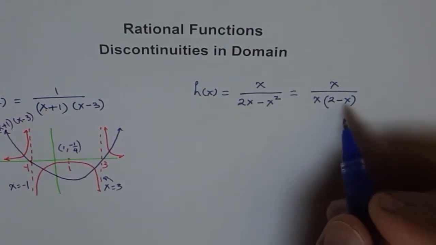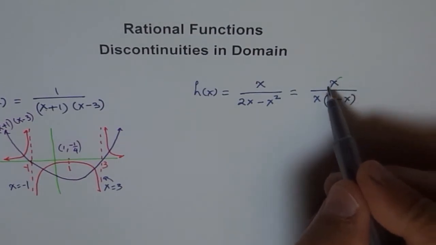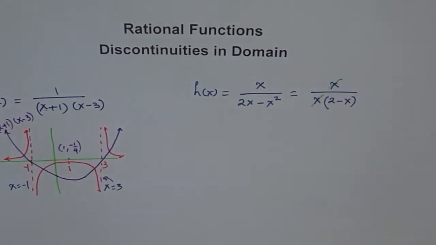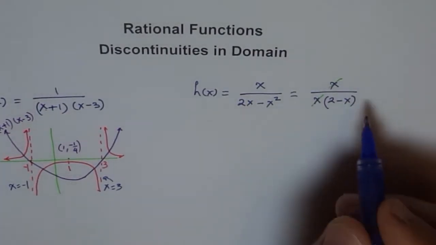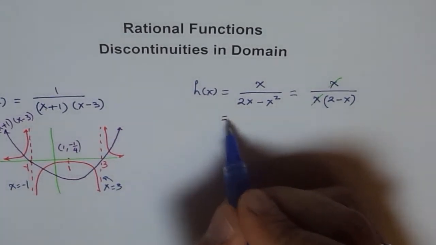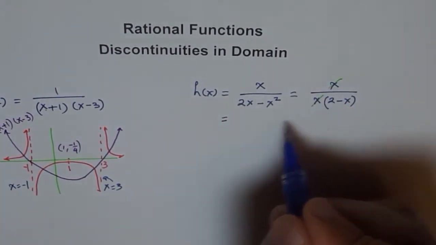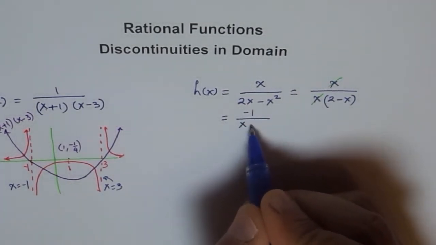Now, here we have x as a common factor in numerator and denominator, so it cancels out and it leads to a simplified form which could be written as 1 over 2 minus x. Or let me take minus also common, and I write here minus 1 over x minus 2.